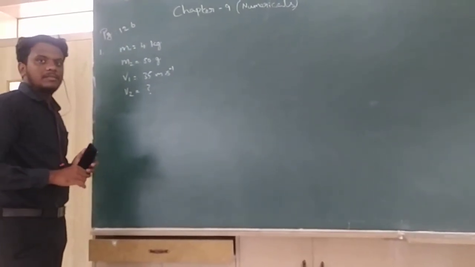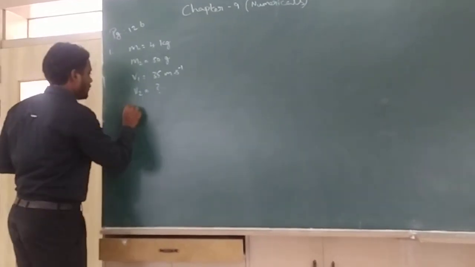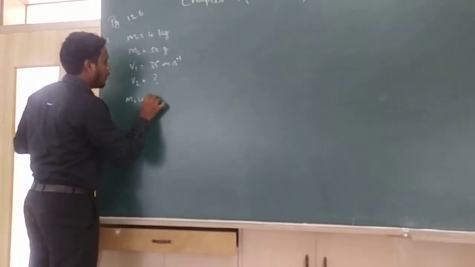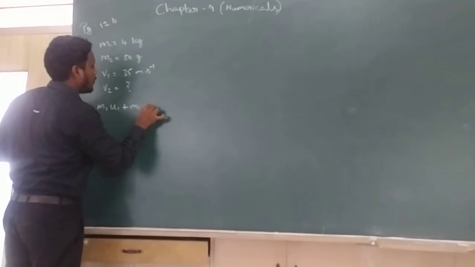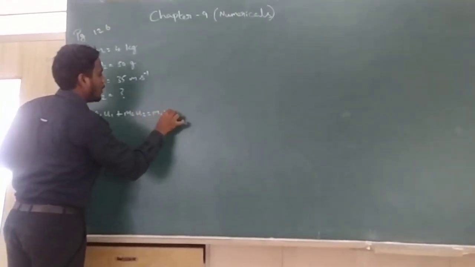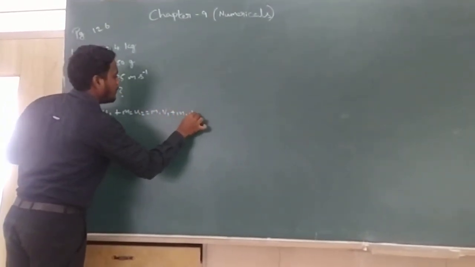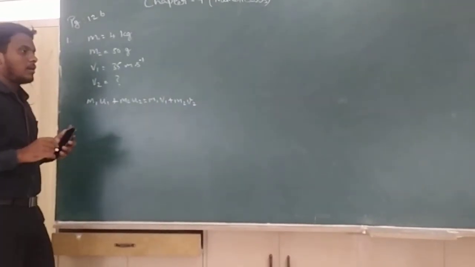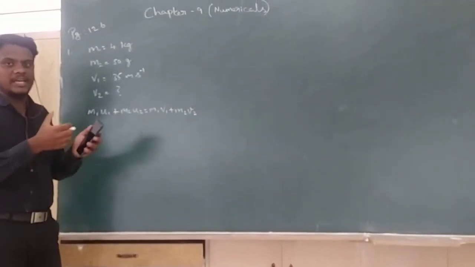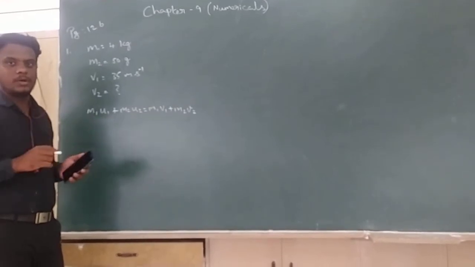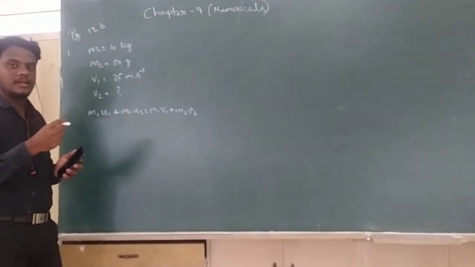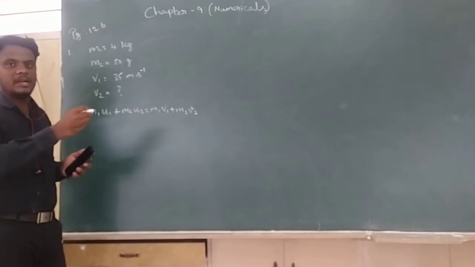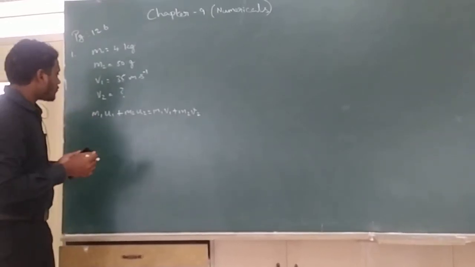From the law of conservation of momentum, m1 u1 plus m2 u2 equal to m1 v1 plus m2 v2. Here the initial velocity of the bullet before firing from the gun will be 0, because before the gun is fired, the bullet will be at rest.